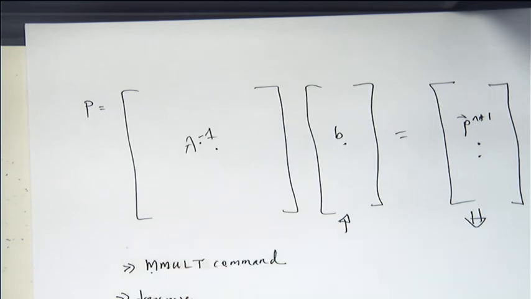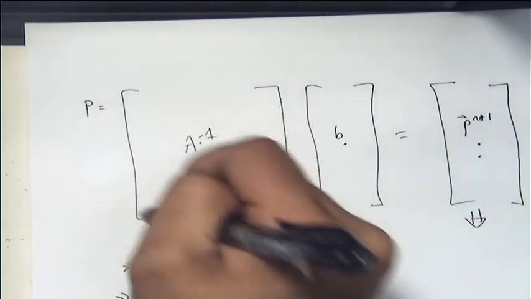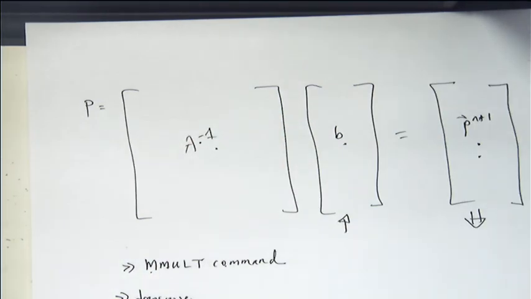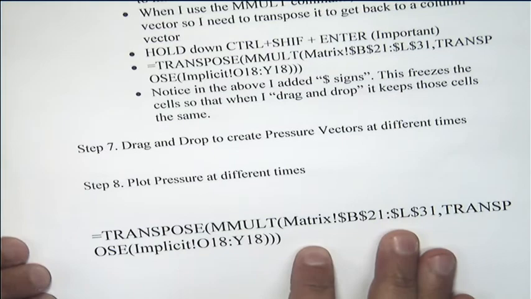So I'm going to have to take the transpose of, and do matrix multiplication, mmult, of A inverse times the transpose of B, and so it's going to get a little ugly when I type in the formula. And the formula looks like what I've got down there at the bottom.